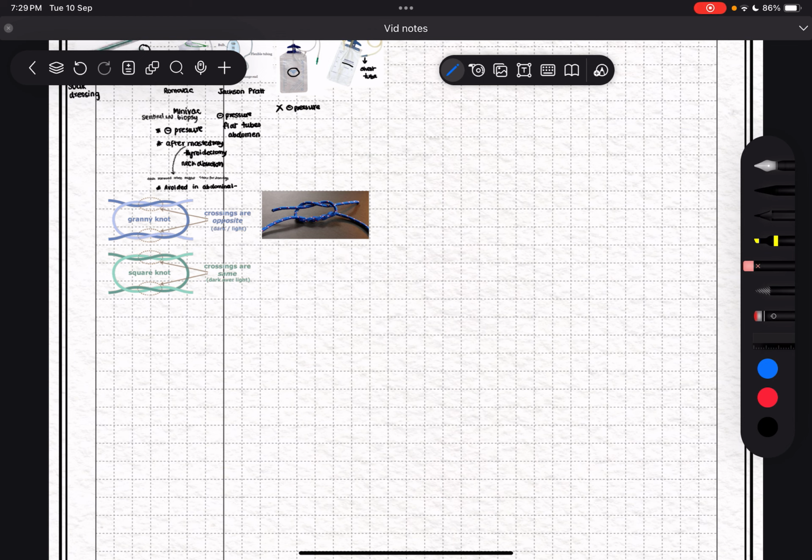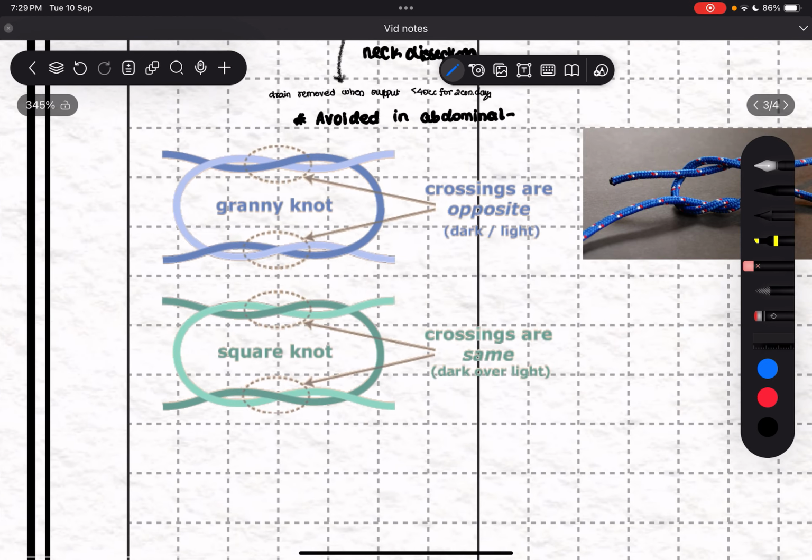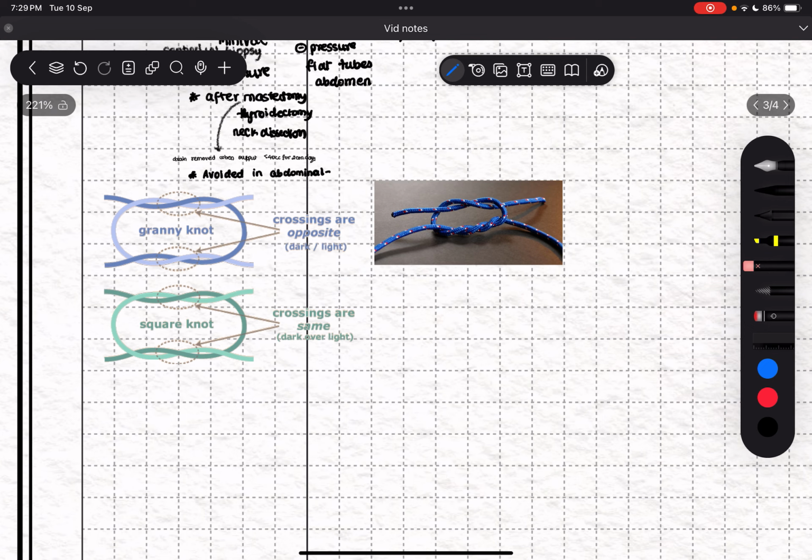Now let us have a look at these. So square knot. Square knot is produced by a single throw, then another single throw, but the threads are getting crossed. So one time the thread is pulled towards the surgeon and then the thread is pulled away from the surgeon.